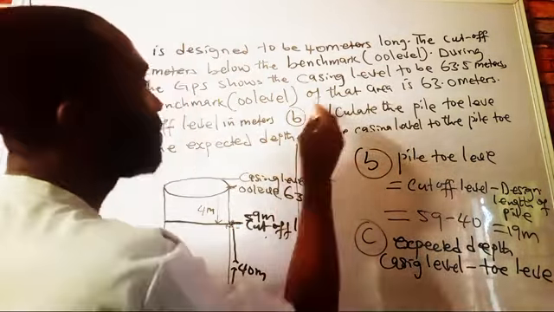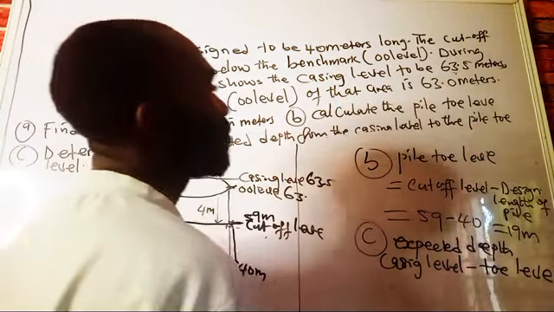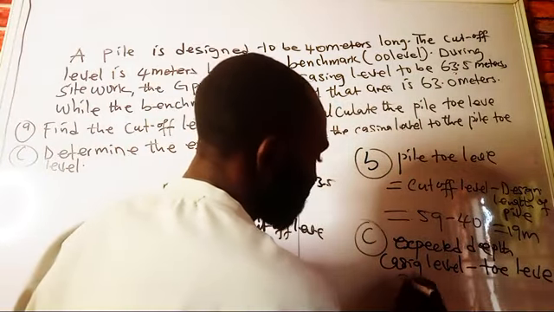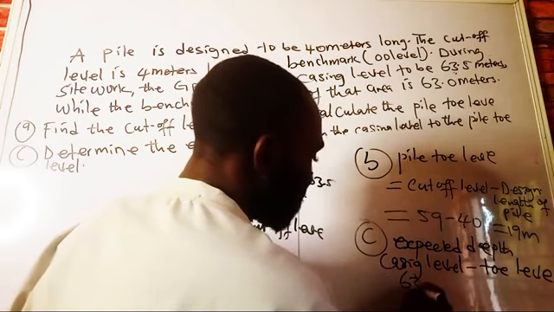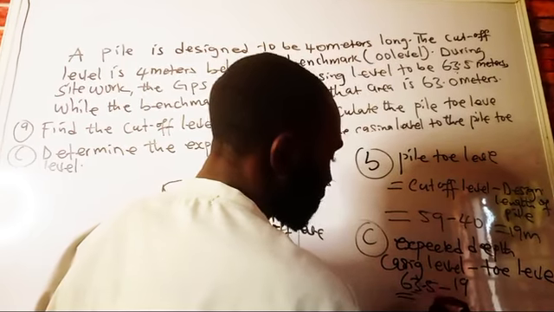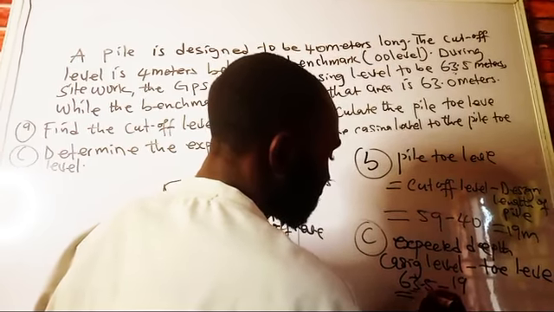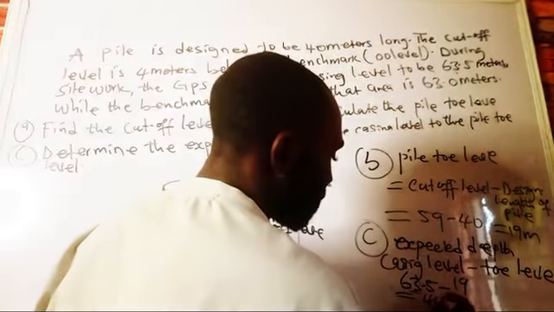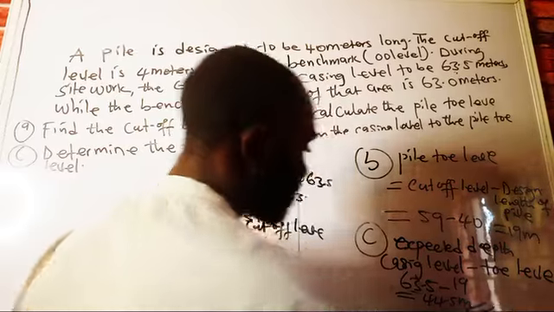The casing level is given from our GPS to be 63.5. So 63.5 minus 19 will give us 44.5 meters.